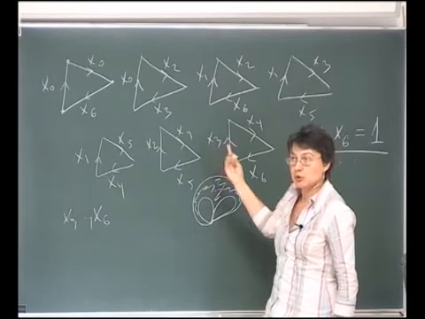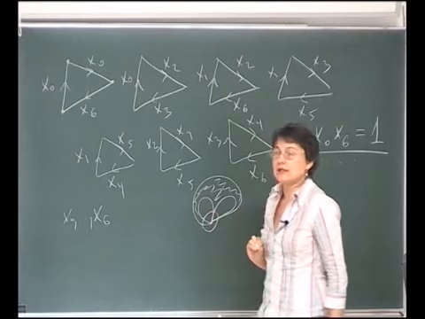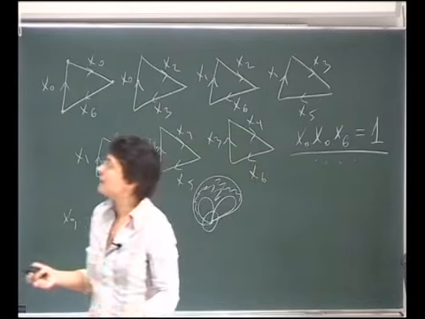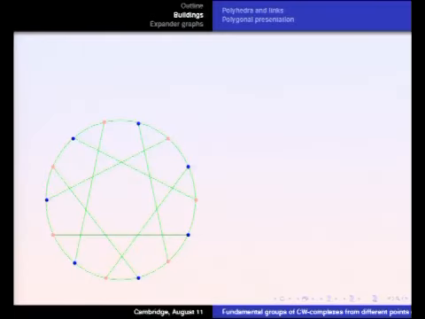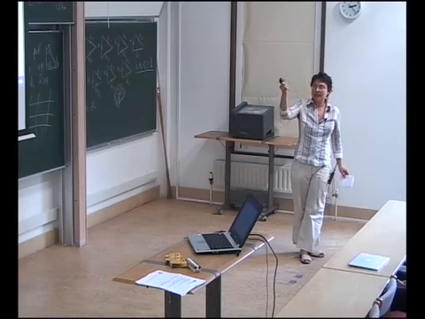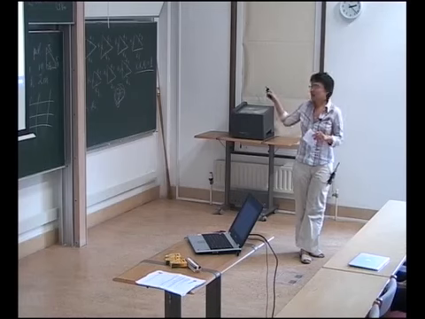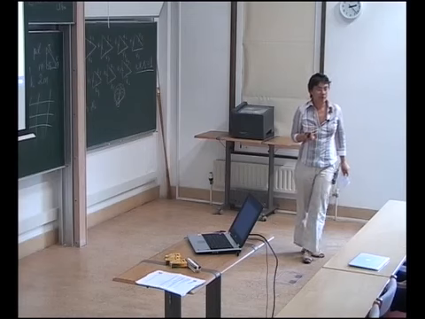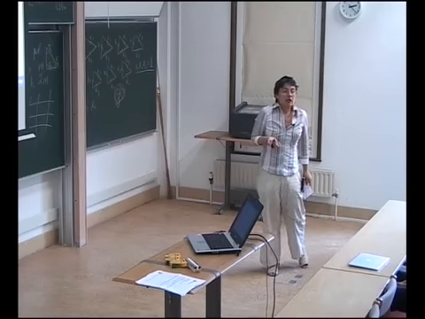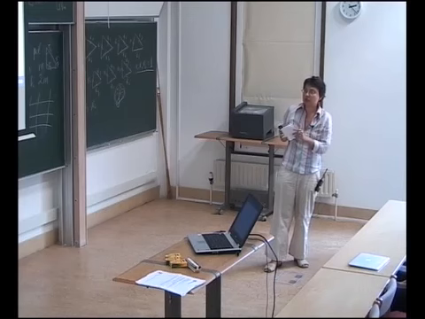Yes, if we really identify here all edges with the same letters respecting orientation, we get a polyhedron with 7 faces, 7 edges. But the question, what is the link? And the link is exactly this graph which I showed before. So, again to motivate people to look at links, for example in this Mumford surface, the link is exactly this finite projective plane which appears as the link of this polyhedron.